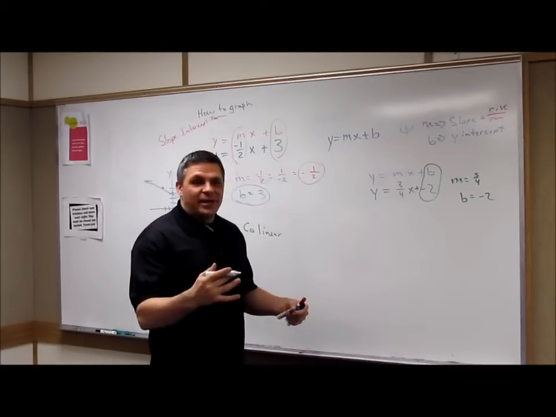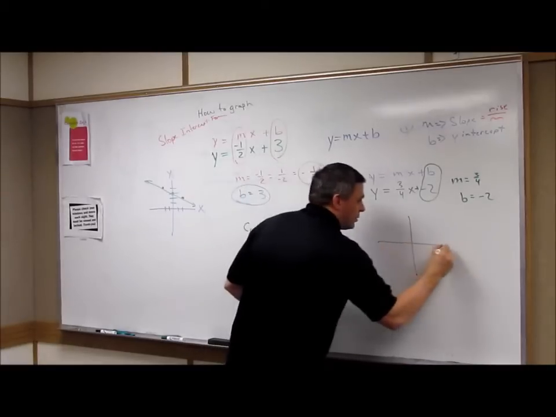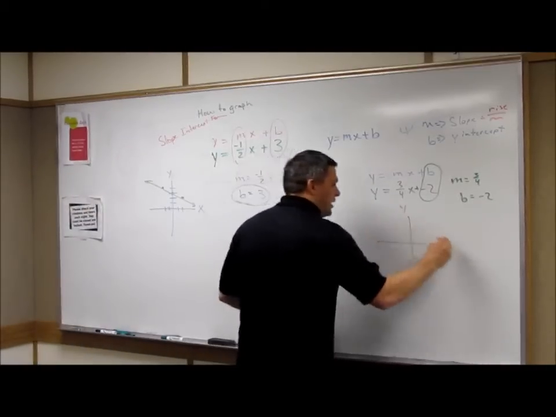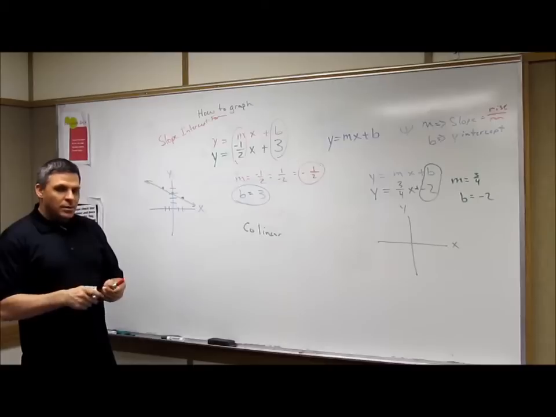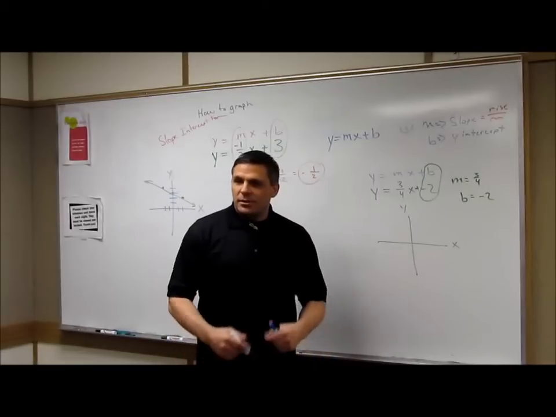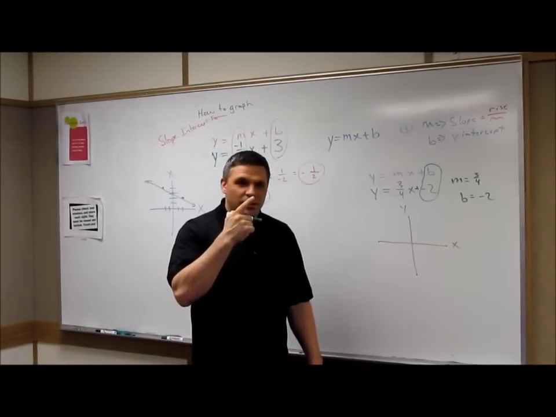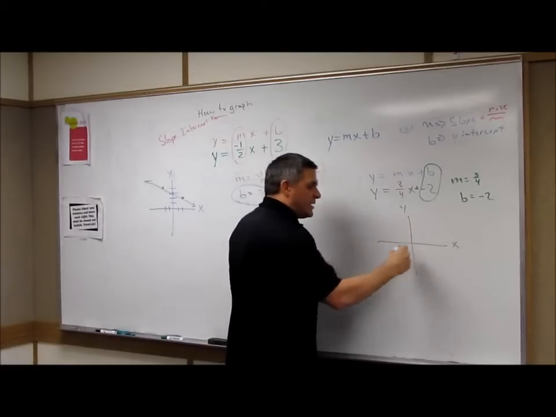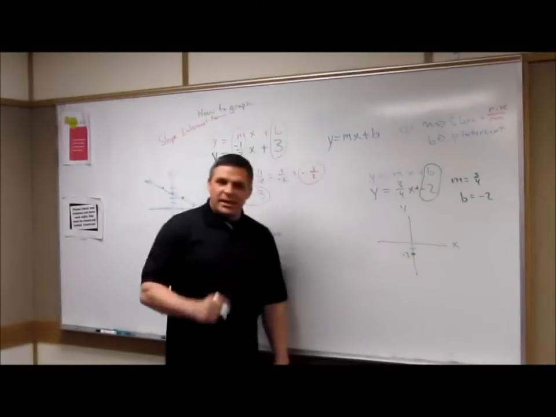Now, graph it. Remember, you have y and you have x. Where's my b? B is where it is crossing the y-axis, right? So on the y-axis at -2.